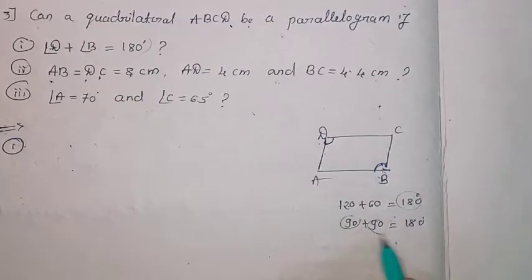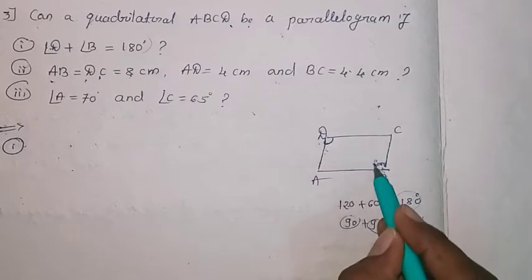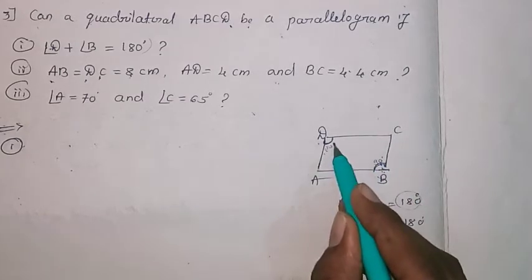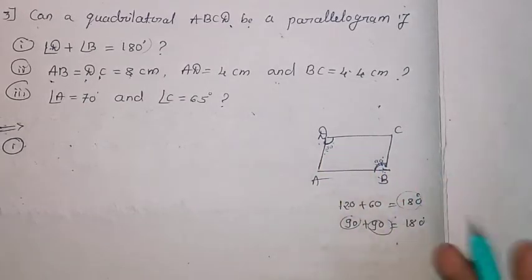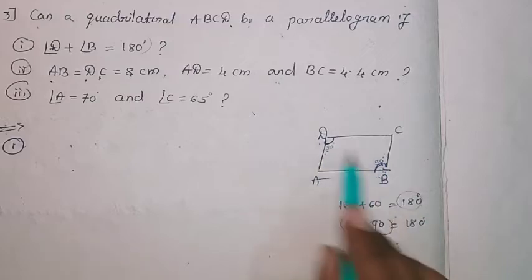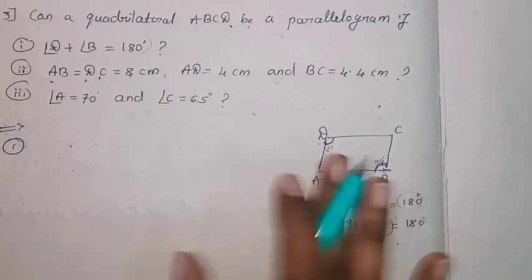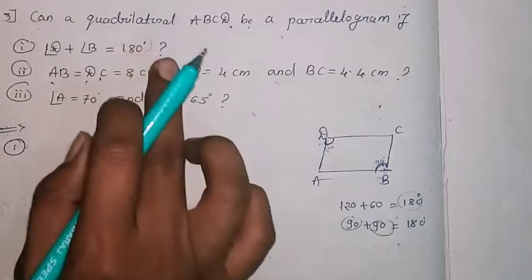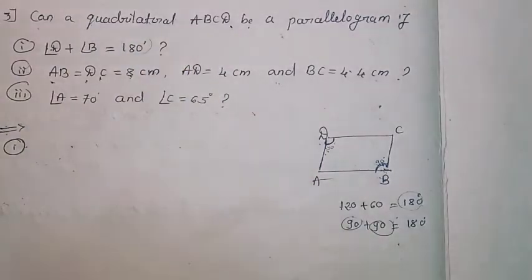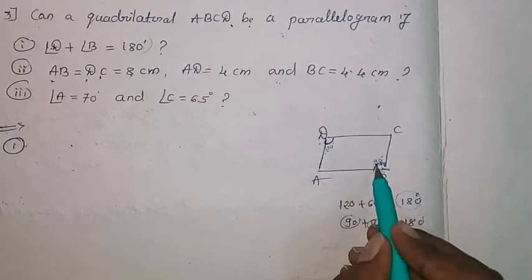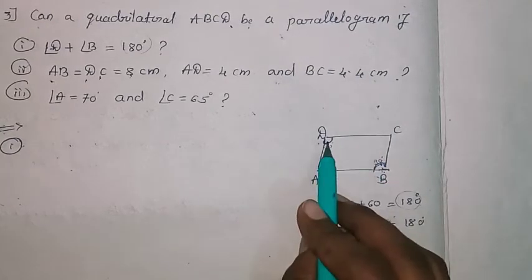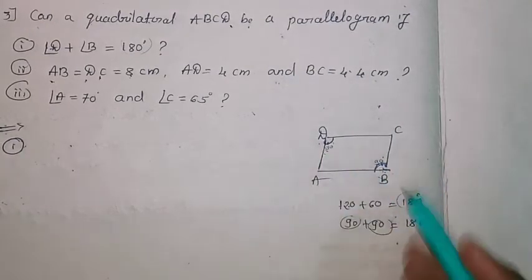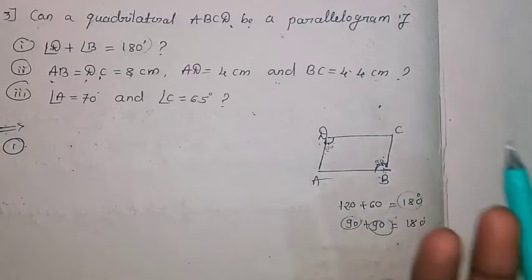So 90 and 90: if this one angle is 90 degrees, this one is also 90 degrees. So we can say that the opposite angles are equal. This is not a property we are proving here, we are just saying on the basis of this whether we can form a parallelogram or not. Okay, don't get confused. In a parallelogram the opposite angles are equal.